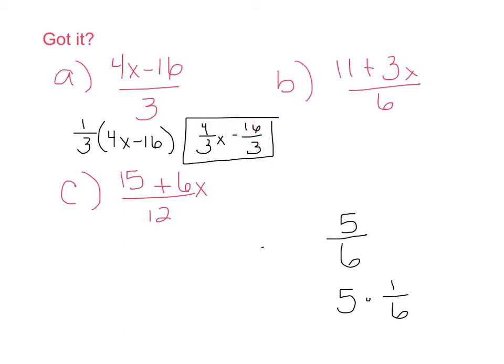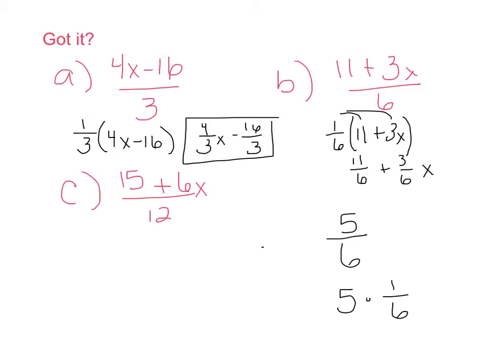Okay, let's look at the next one. 11 plus 3x divided by 6. What can we take out? The 1/6. If you take out the 1/6, you're going to be left with 11 plus 3x. Distribute the 1/6. 11/6 plus 3/6 x.